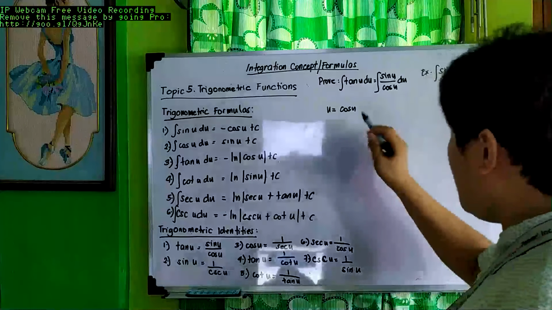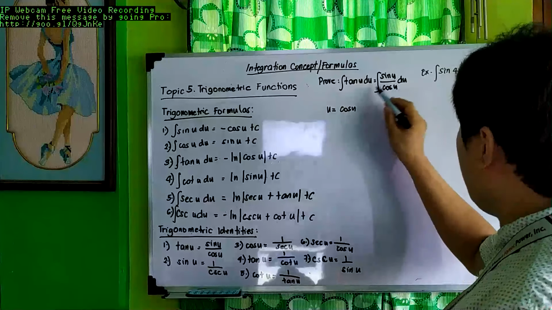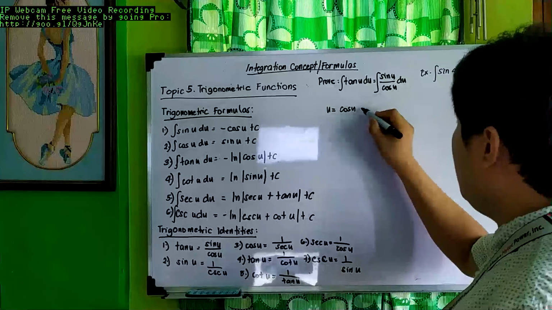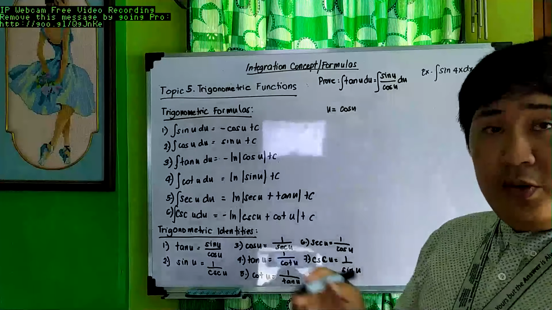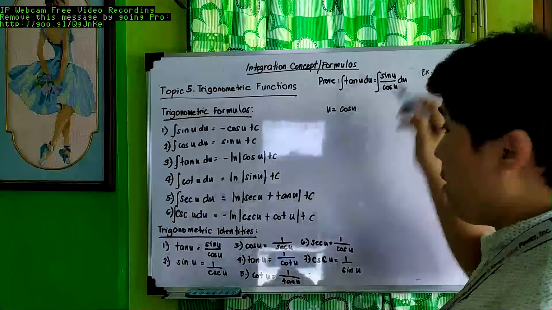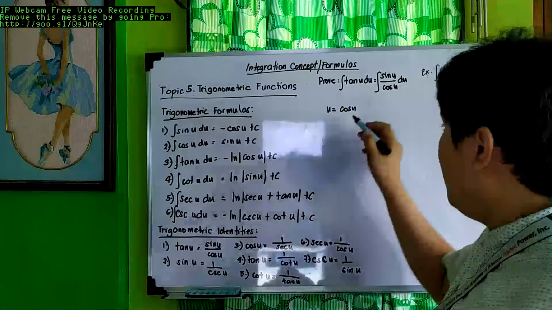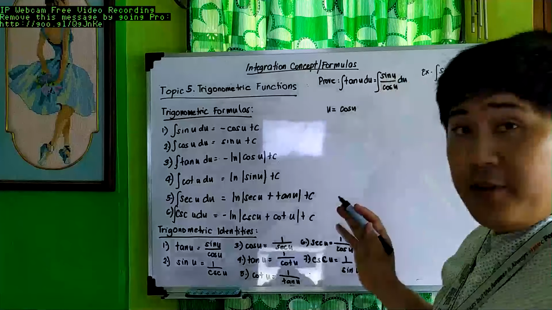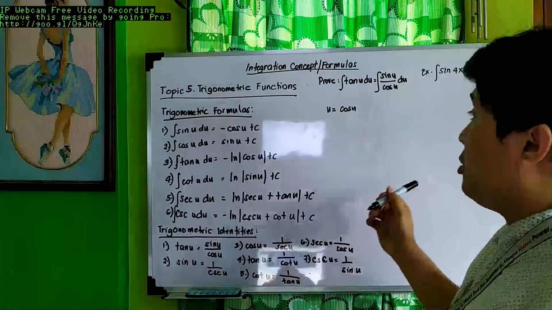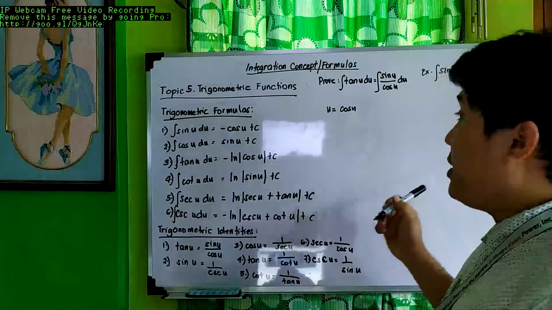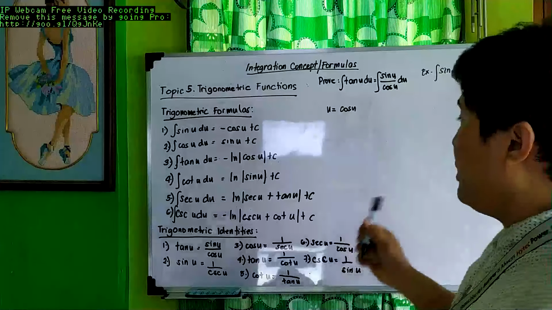So we'll try to get the denominator as our u, and we will derive this one so that if the numerator is the differential of the denominator, then you will use the logarithmic function with all those trigonometrics.